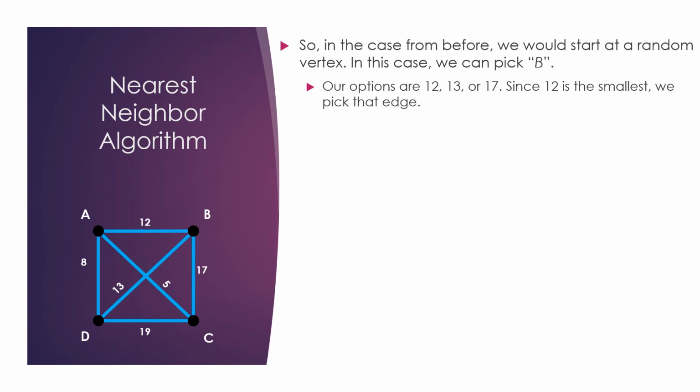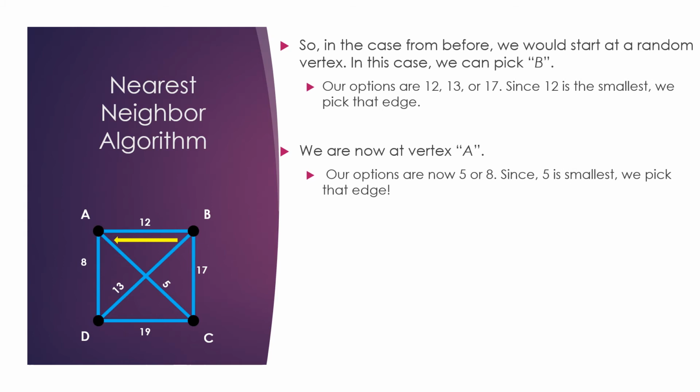Well, 12 is the smallest, so let's pick that edge. So we made the top little line. We're now at A. Well, we can go 5 or 8. 5 is down and to the right, and 8 is down. We can't go back along 12 because we already went to B. So we're going to go with 5 because that's the cheapest, so we're going to C.